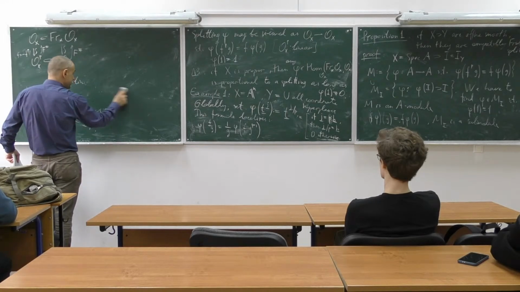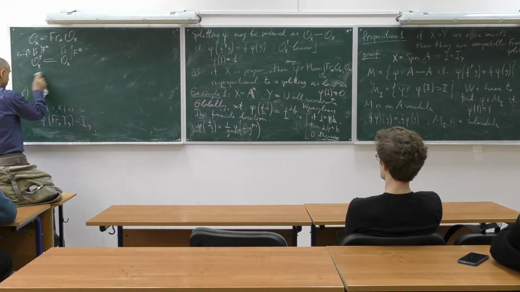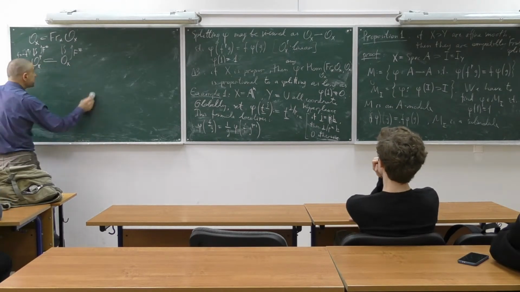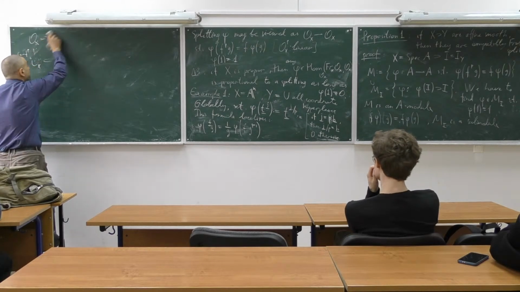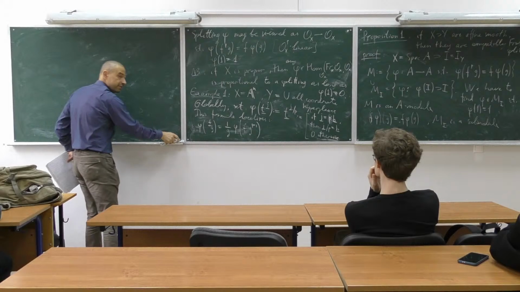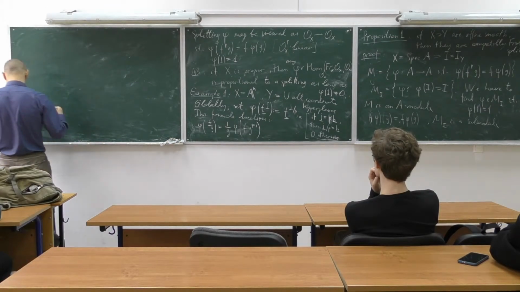And then this evaluation at 1 is a homomorphism from these A modules to A itself, right? And we just have to check the surjectivity of this evaluation morphism, all right?